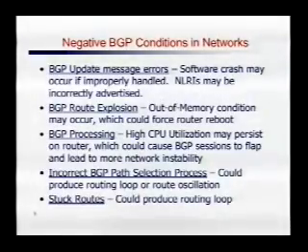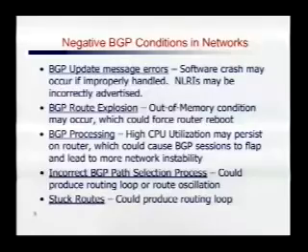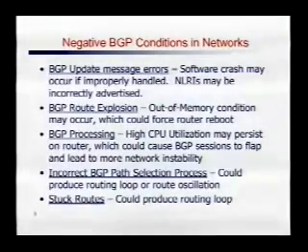Another thing we've seen is incorrect BGP path selection process. Maybe not so much a bug in a vendor's implementation, but just by the fact that the selection process is now so complex that whether you have a 10-step, 11-step, 12-step, 13-step, or 14-step process is dependent upon which vendor you have and which version of software you have at any given time.